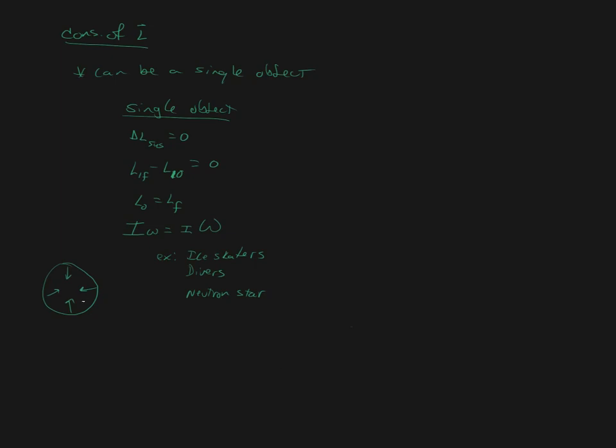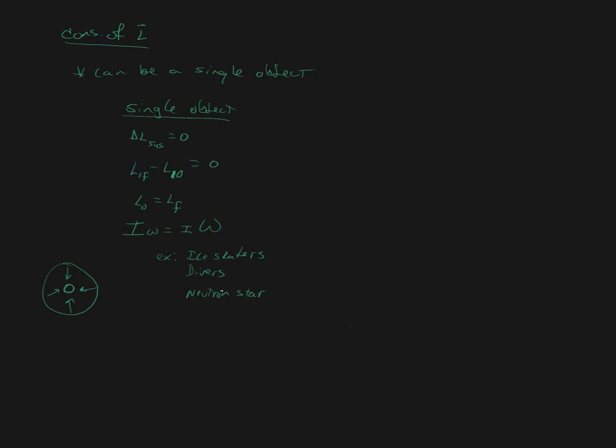So a star that starts out millions of miles in diameter ends up being something like 10 kilometers in diameter. So it's very, very small, and they spin very, very fast. Some of these neutron stars can spin at over 1,000 revolutions per second. So a neutron star is a really great example of that.